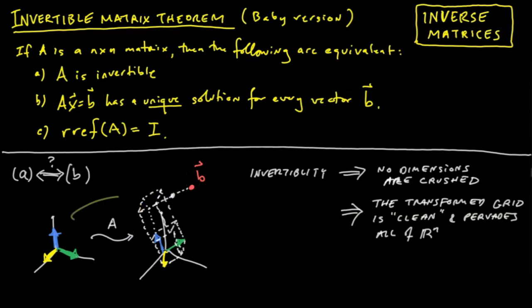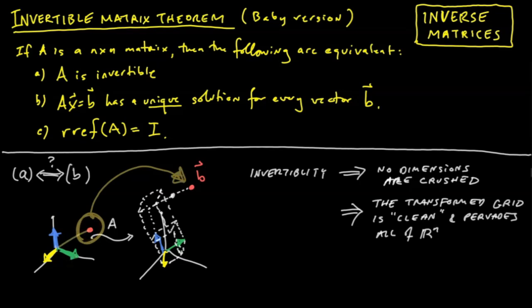But we know that linear maps preserve linear combinations. In other words, they preserve positions on the grid even after we transform it. So that means that since we could get to b by taking a yellow step, 2 blue steps, and 3 green steps, then if we took the same steps in the domain from the origin, a yellow step, 2 blue steps, and 3 green steps, we'd have a point that gets mapped to b.